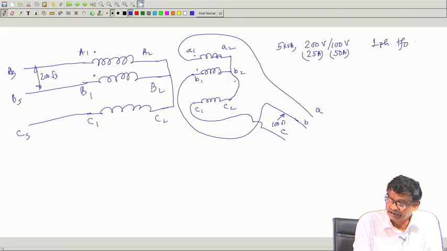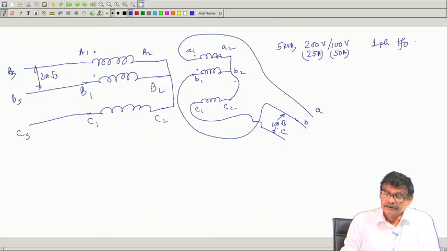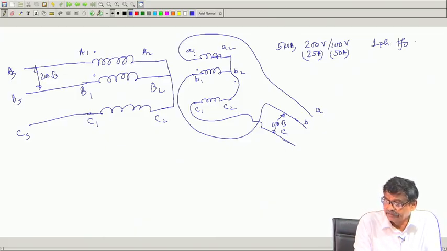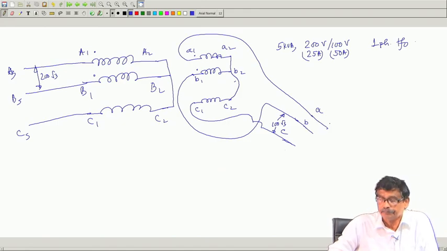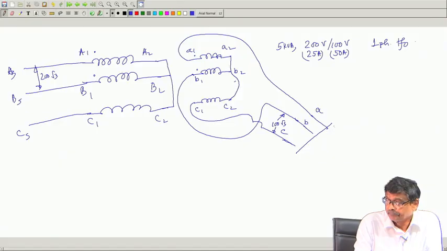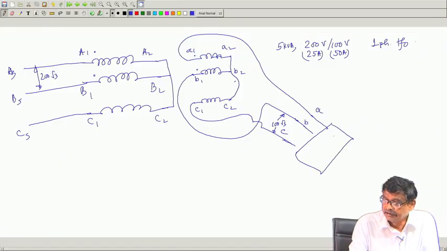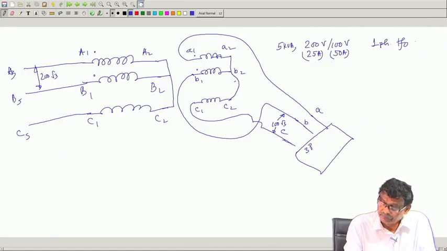That is what I have told, I am just repeating this. Now the question is, to this supply I will connect a balanced 3 phase load. Here I will connect a 3 phase balanced load.